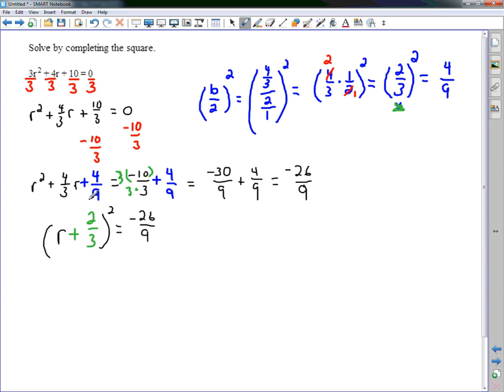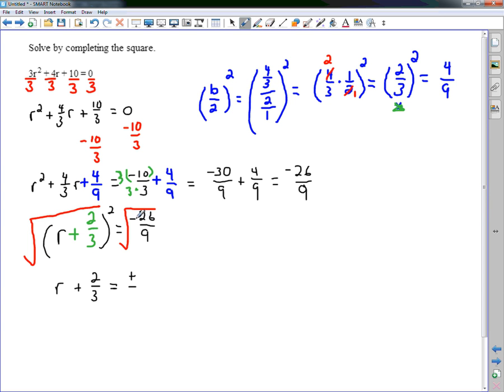So now we have a square equal to a number, so we can use the square root property, which says take the square root of both sides. So that gives me r plus 2/3 equals, when we take the square root to solve an equation, we get a plus and minus.